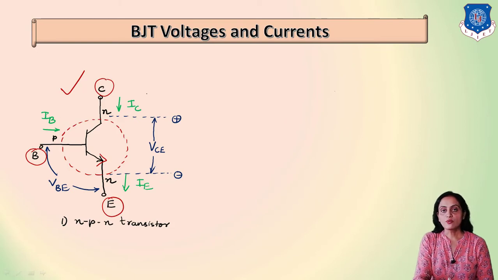The current flowing in the collector is referred to as IC, the collector current, at the emitter terminal it is IE, and at the base terminal it is IB. Now two important voltages are there. One of them is VCE, the voltage difference between the collector end and the emitter end, as well as the voltage across the base and emitter terminals, which is given by VBE.